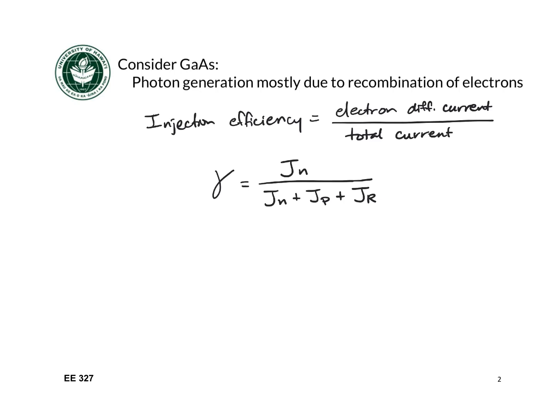Okay, so for gallium arsenide, we know that the generation of photons is mostly due to the recombination of electrons. So we want to know, in the current in our semiconductor, what fraction of that current is due to the movement of electrons, and that can give us an idea of how efficiently we can produce photons.